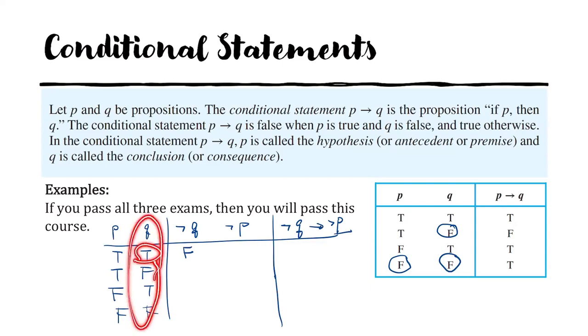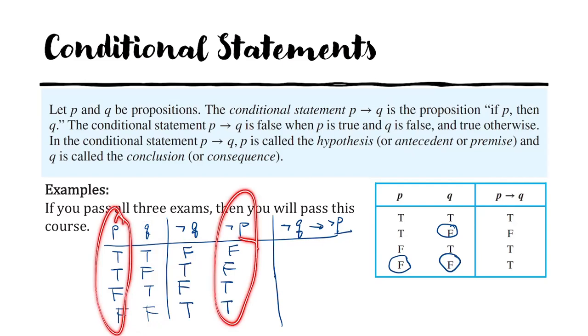Whenever we see a true, we negate it with false. Whenever we see a false, we negate it with a true. And then for not P, you will have false, false, true, true, since we are negating the first column, the P.